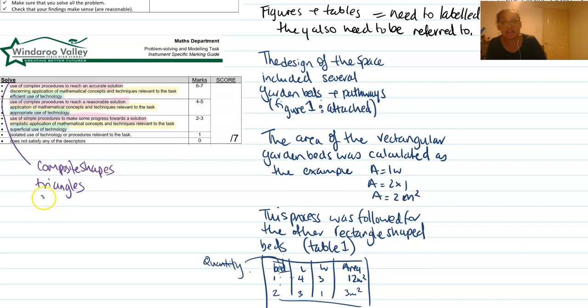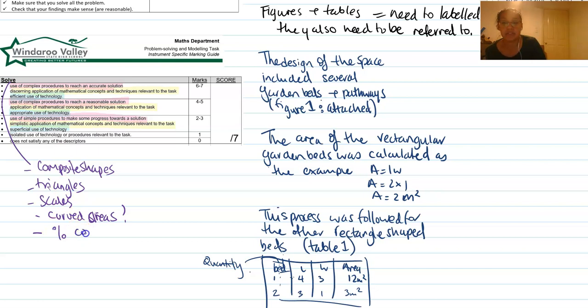So considering your scales, your composite shapes, and your triangles with that one. You might even include curved areas. But if you're unsure how to do them, either come and ask or go and do some research. Curved areas, also like percentage cover.